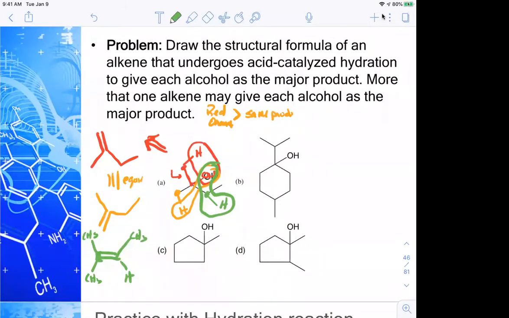So really I have two choices. I'm going to have those two alkenes that when they react with water, I'm going to get that product that we started with. So this is what I have to do. I have to figure out what double bond came to give this product that's the alcohol. And remember that my double bond is always going to be connected carbons. They're adjacent to one another.